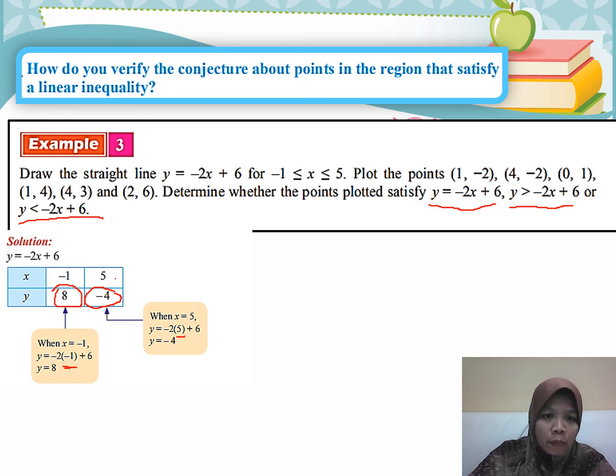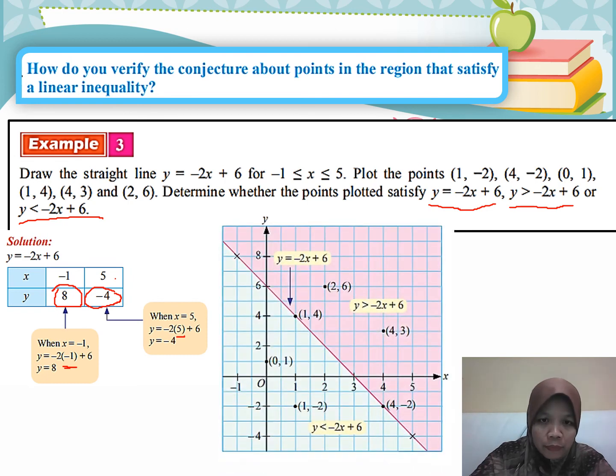Now the points that you already found are (-1, 8), you plot the point here, and when x equals 5, y is negative 4. So this is the point.